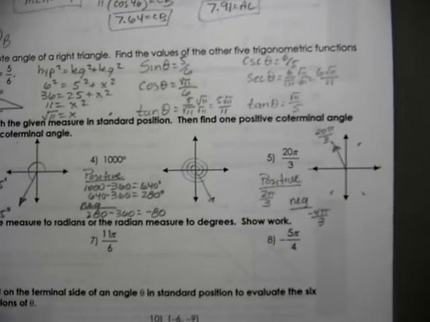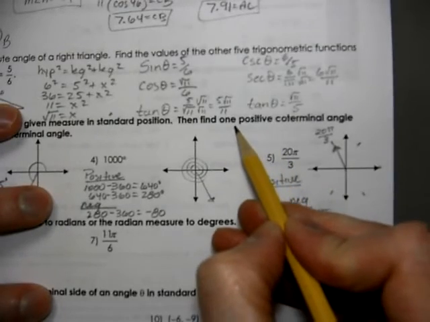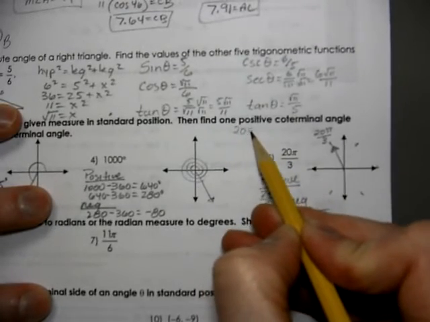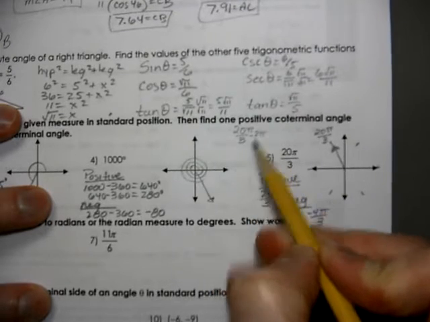Notice I did not convert over to degrees and then calculate it. I worked right with the radians. That's one way you could do it. Another way to show your math would be to say 20 pi over 3 minus 2 pi.